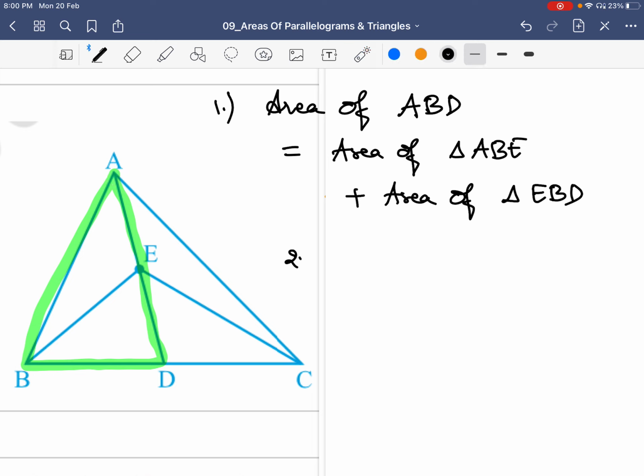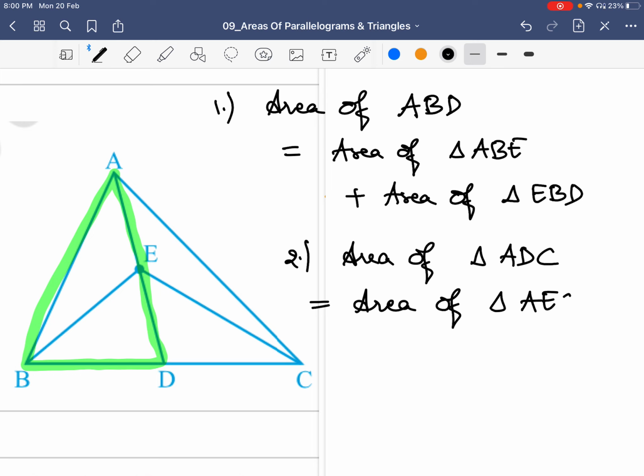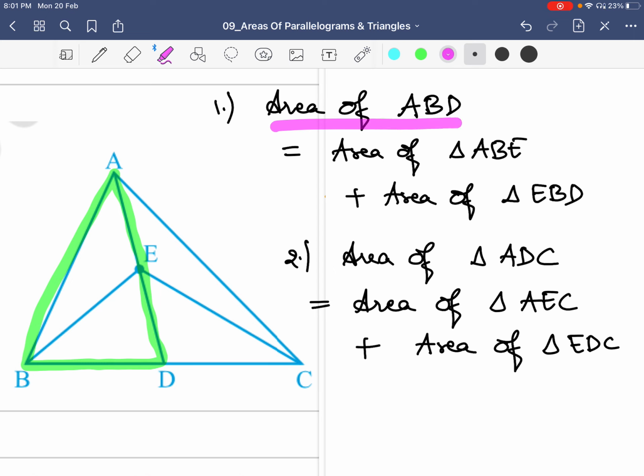Similarly, I'm going to quickly write it. Area of triangle ADC is equal to area of triangle AEC plus area of triangle EDC. Yes, EDC.